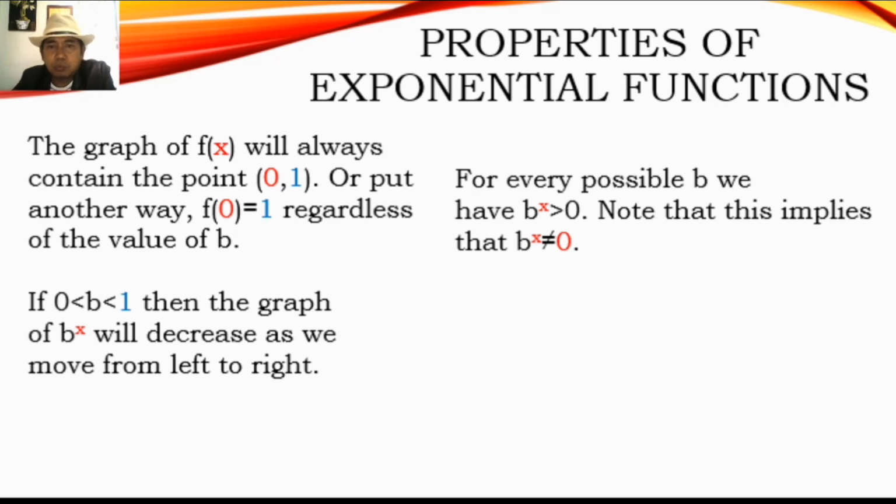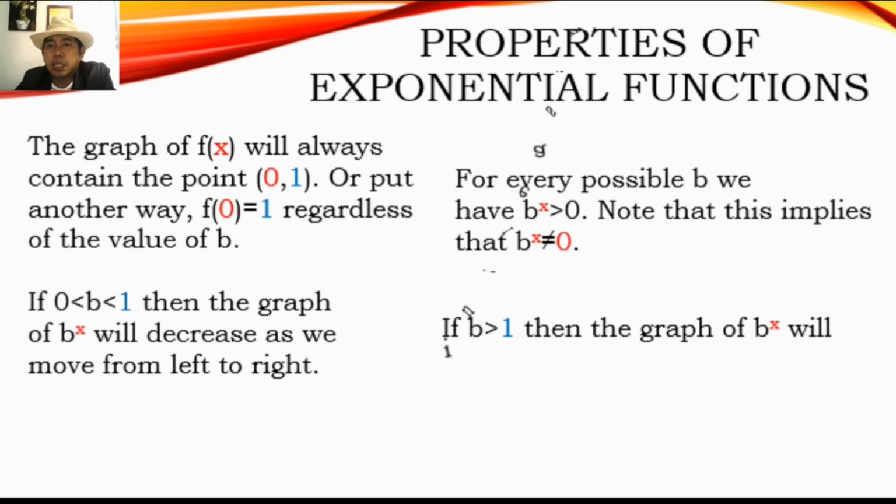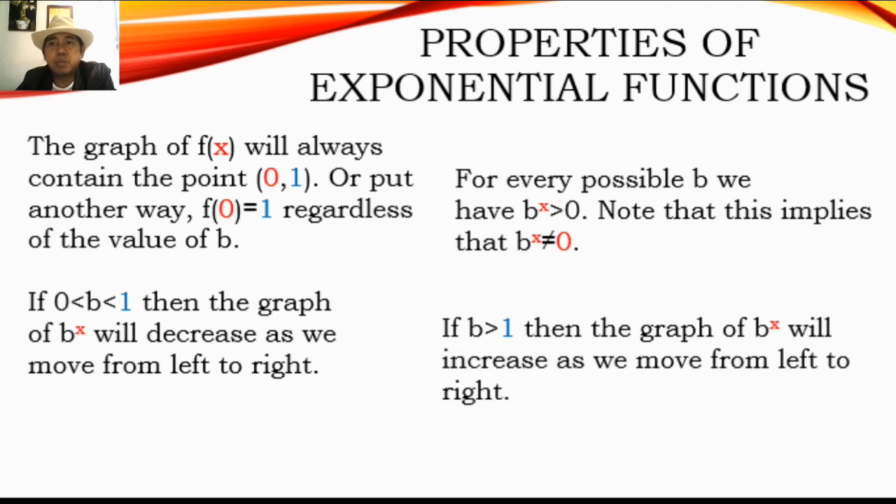It decreases as we move from left to right. Another would be, if b is greater than 1, then the graph of b raised to x will always increase, meaning it moves upward from left to right.